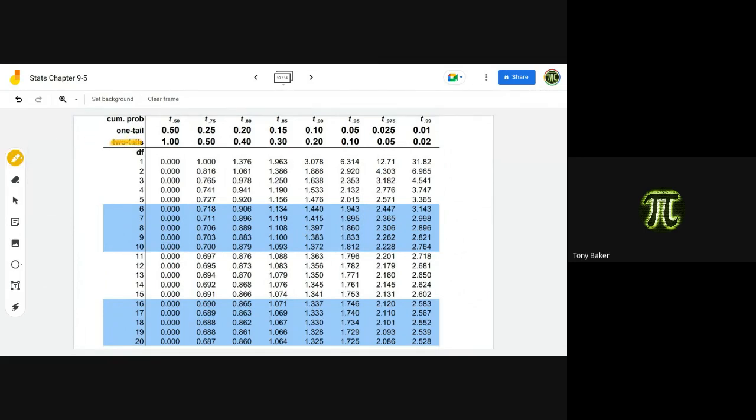We're looking at a 10% for two tails. And in this case, it was a sample size of 20, correct? So my degrees of freedom is 19. So I'm looking at 19, and that's going to be 1.72.